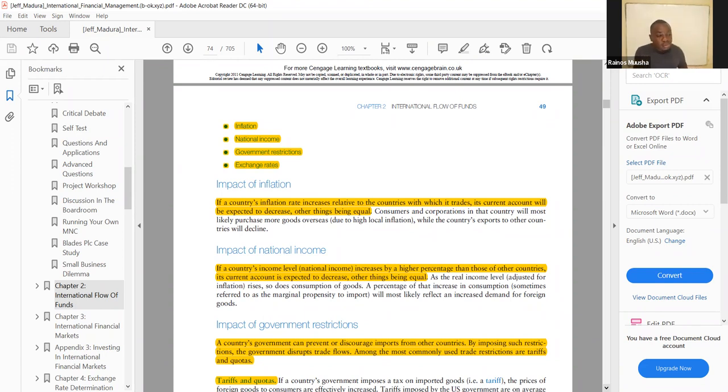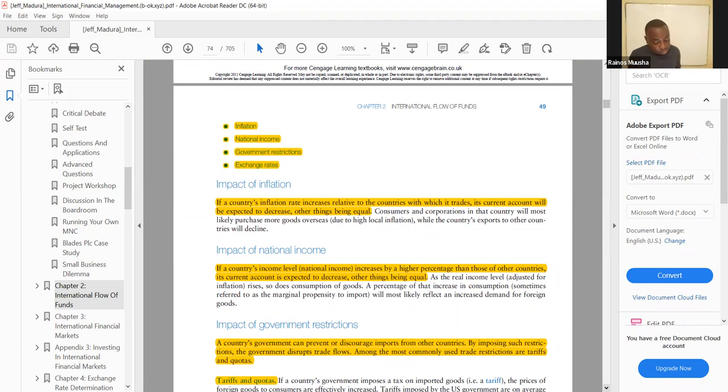So what does that mean? We are expecting a situation where our customers have more excess funds available compared to our trading partners. So what is going to happen? If our supply of goods and services does not satisfy them, they are more likely to start importing goods and services.